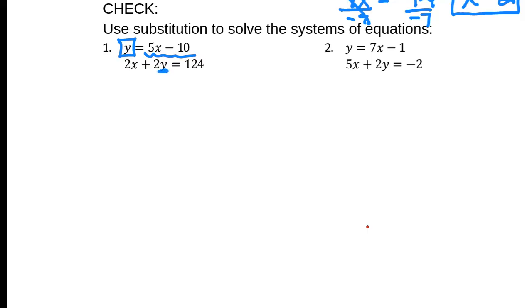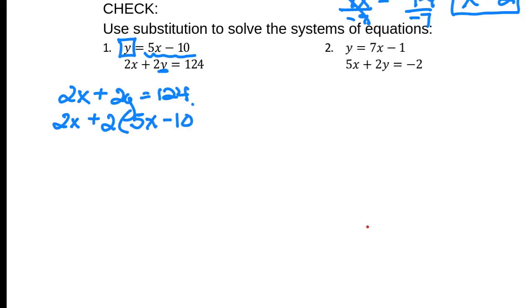So I write the second equation, 2x plus 2y equals 124, and I'm going to substitute in for y. Y is 5x minus 10. Put that in parentheses because many times you're going to be distributing, or something that you have to do with every term inside.